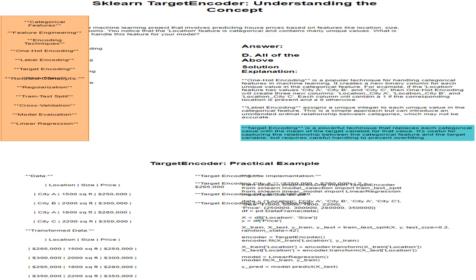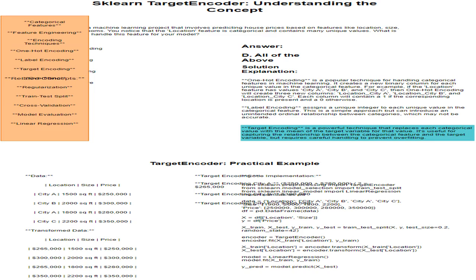Encoding techniques are methods for converting categorical features into a numerical format that can be used by machine learning models. This is necessary because most machine learning algorithms require numerical input. Encoding techniques are used in a wide variety of machine learning applications, including classification, regression, and clustering.